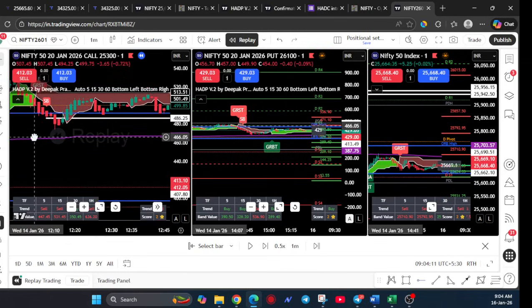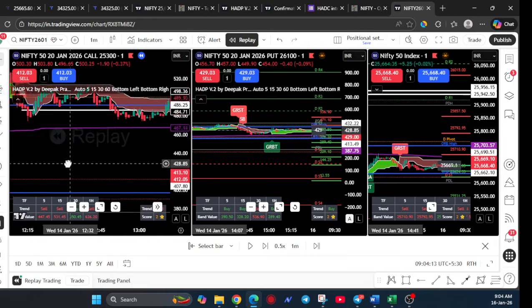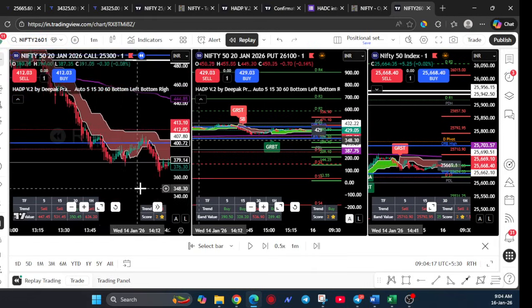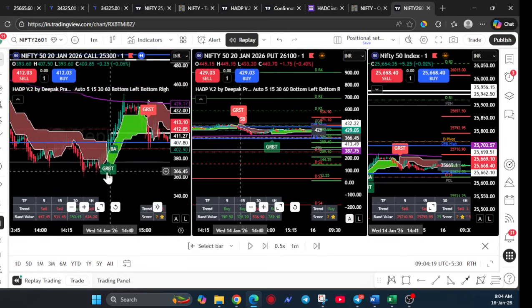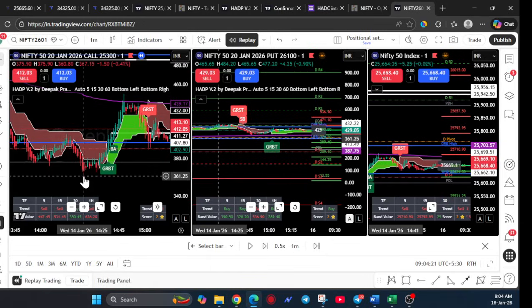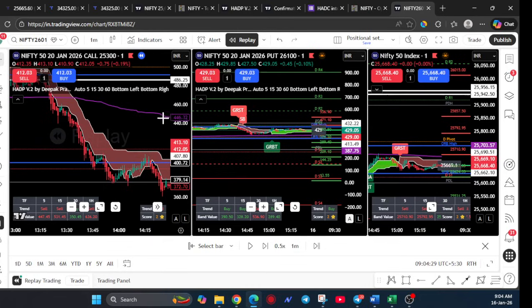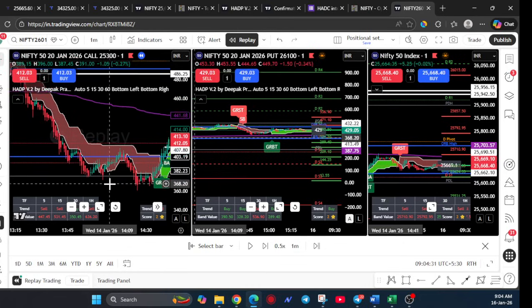That's all. And then you see from 486 it kept falling, right, till it came to a GRBT. Okay, so it fell to almost a low of 360. So from where it fell, from 486 to 360 on a 1 minute candle, right?